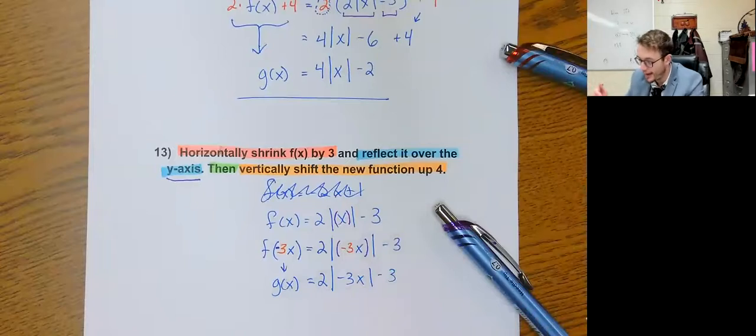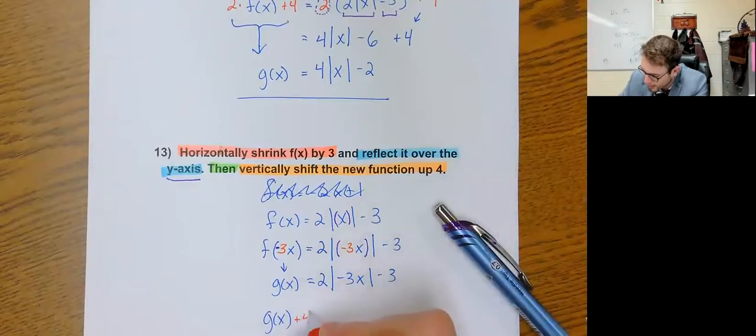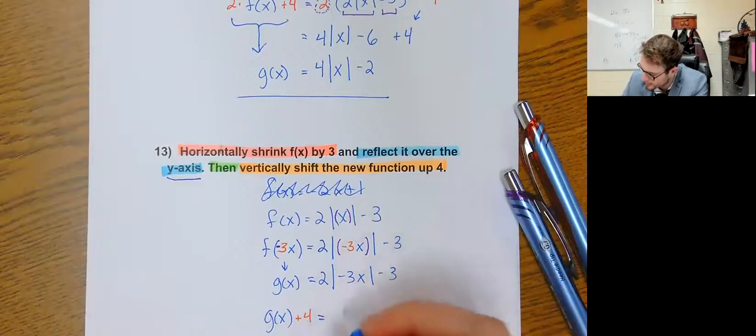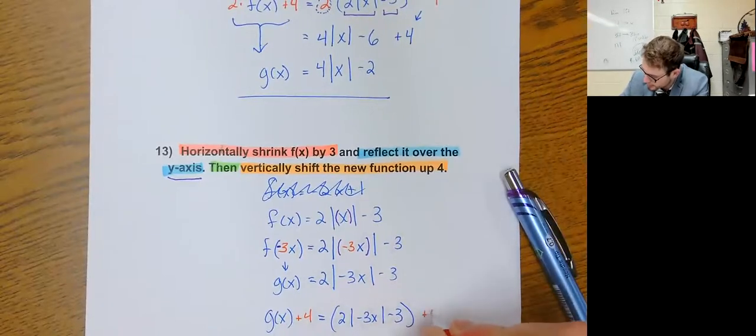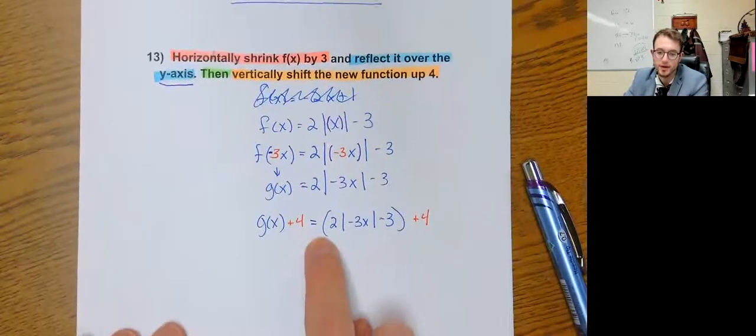All right, now it wants me to vertically shift the new function up 4. So g of x, up 4 to the whole function. This is going to be another time where the parentheses are redundant.